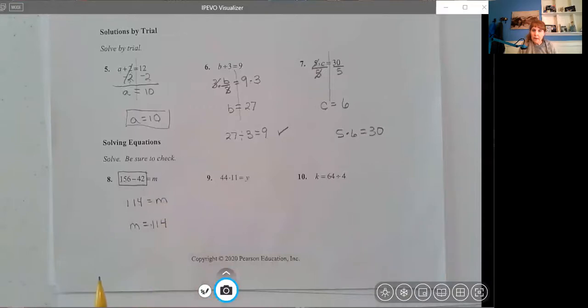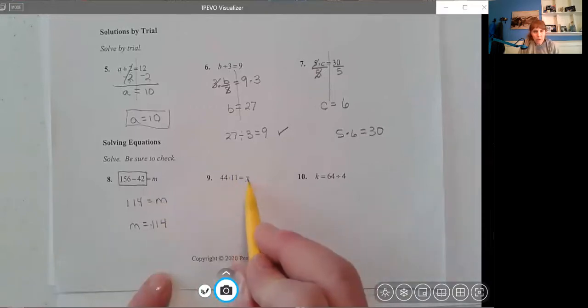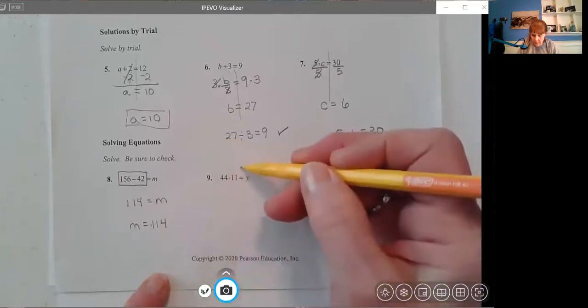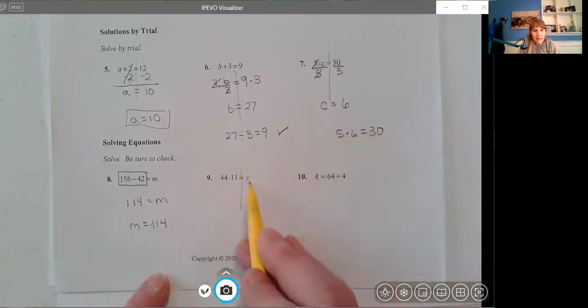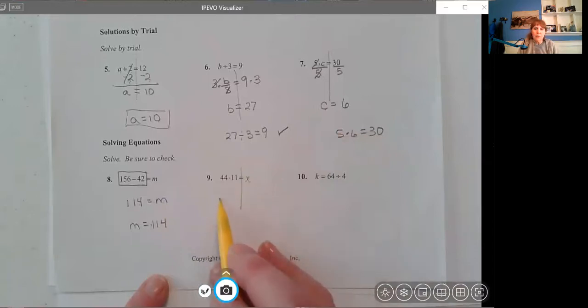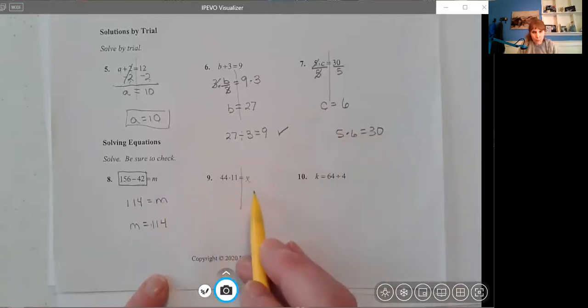All right, let's look at number 9. On number 9, the variable y is already by itself on the right-hand side of the equal sign. So I don't need to move anything over to the other side. I don't need to get rid of any number here.